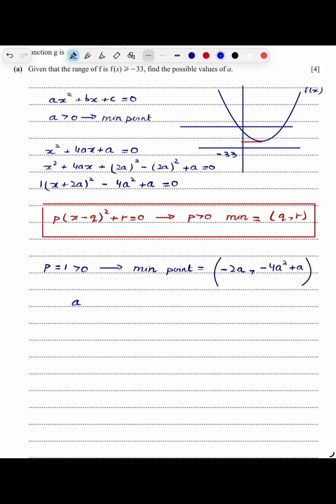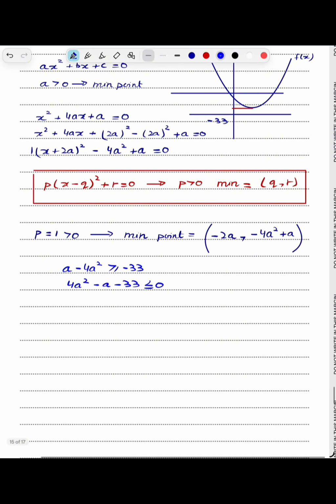So a - 4a² has to be greater than or equal to a - 33, which means that 4a² - a - 33 is less than or equal to 0.